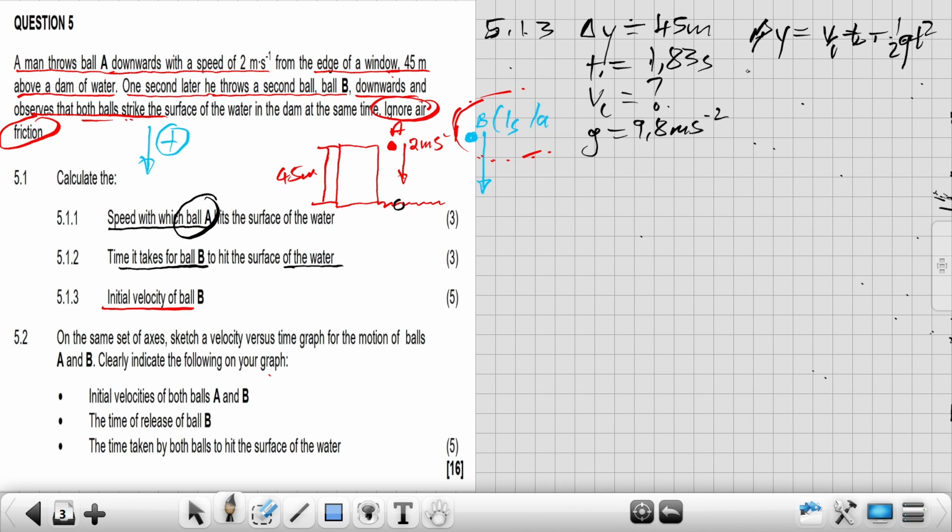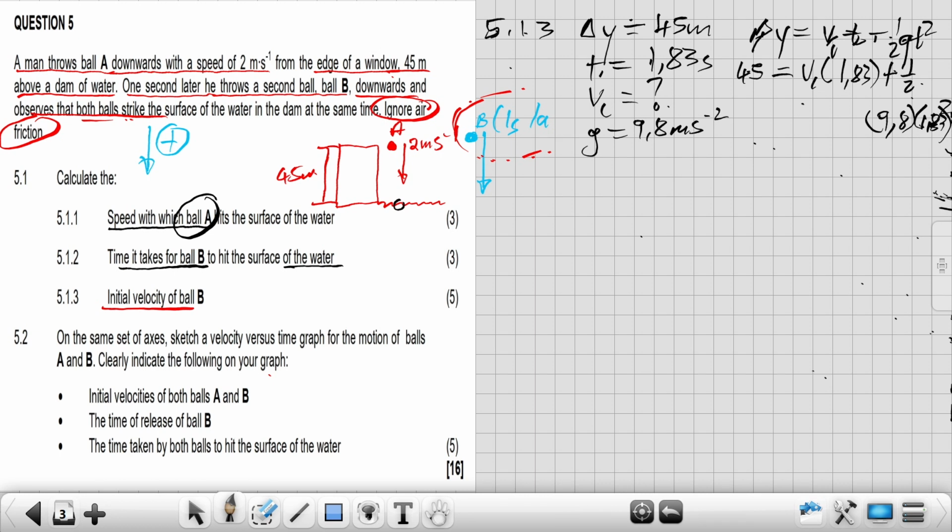So I will have my 45 here, which equals V initial, which is what I am looking for, into 1.83 seconds plus half of 9.8, and then my time is 1.83 squared.